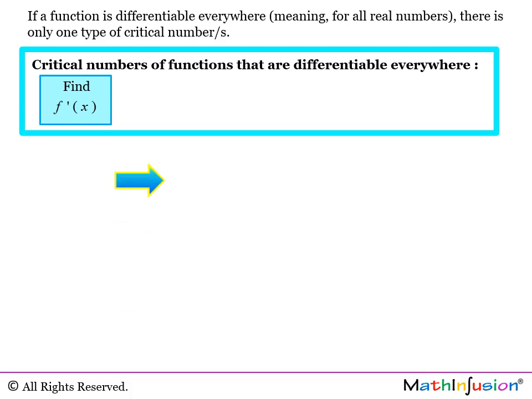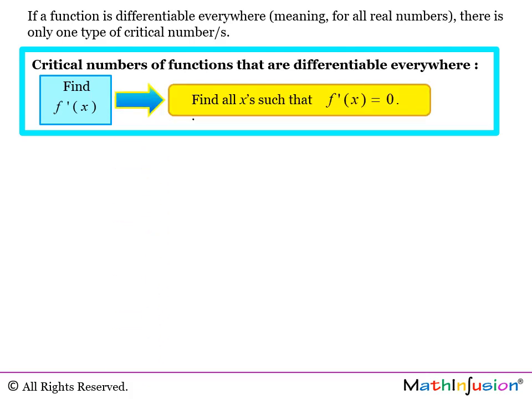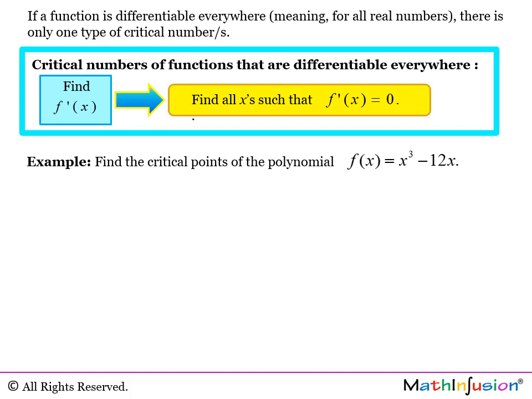So you have to differentiate, and you find all the numbers such that f prime x, the derivative of this function, is 0. For example, this is a polynomial, so I just need to differentiate, and I would like to solve this to 0, so I want this to be 0.